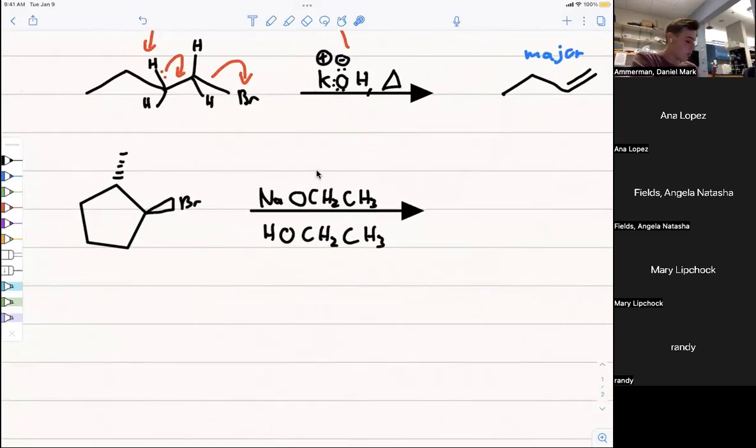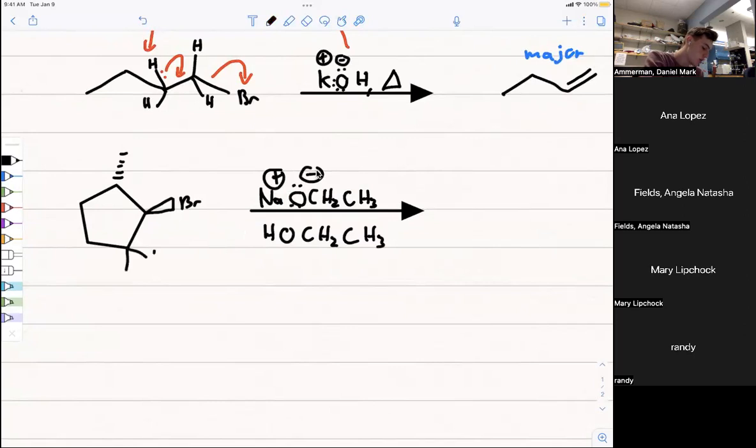Same steps here. We know this is a strong anion because we have that sodium here. So this indicates a strong anion, which means sodium's plus and oxygen's minus, and it has our lone pairs here. Now we want to look for which hydrogen we're using. We know there's one over here.